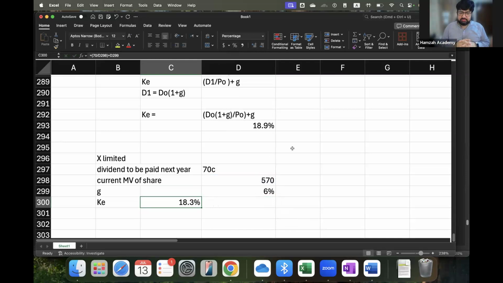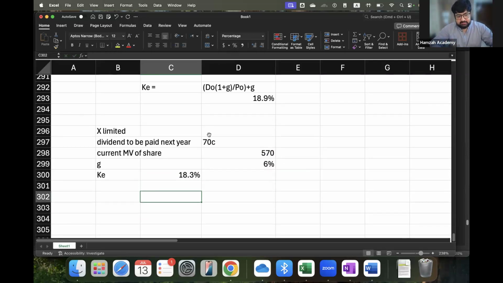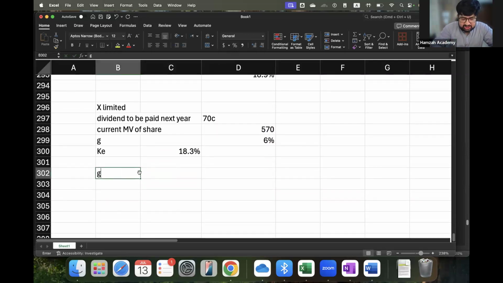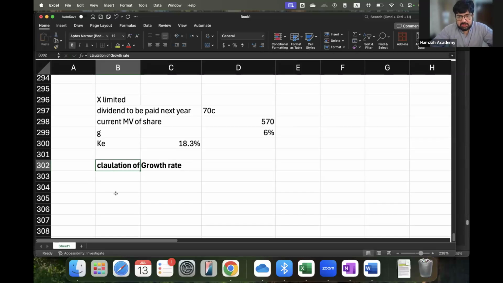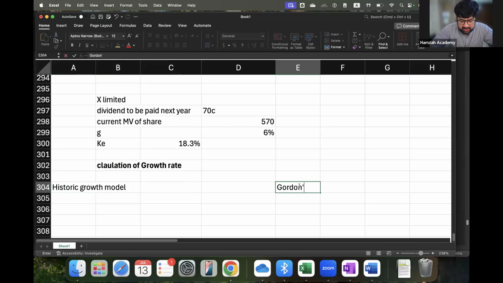The dividend valuation model is used with a growth rate, G. For calculation of the growth rate, there are two methods. One is called the historic growth model. The other is called Gordon's growth model.